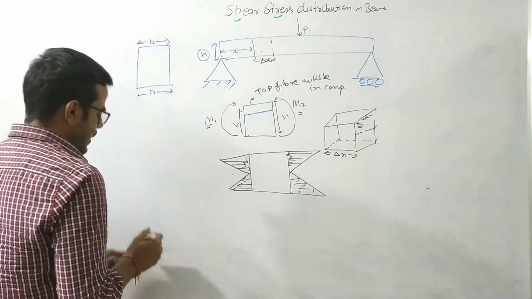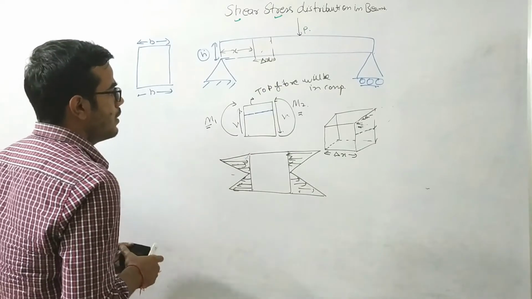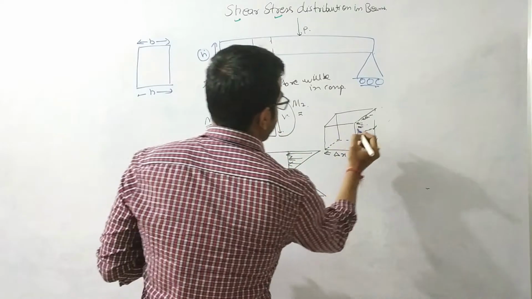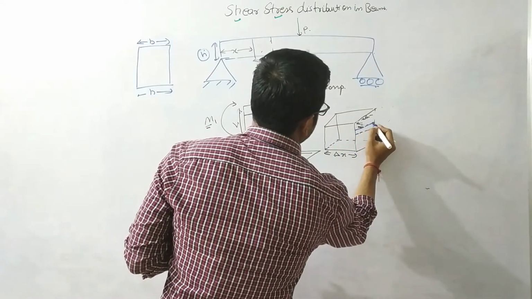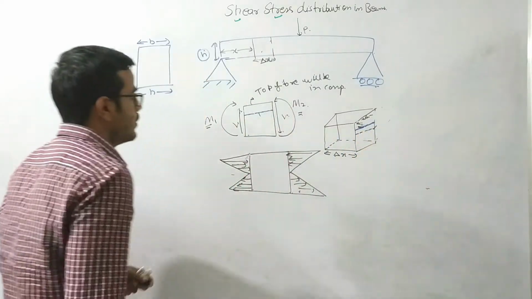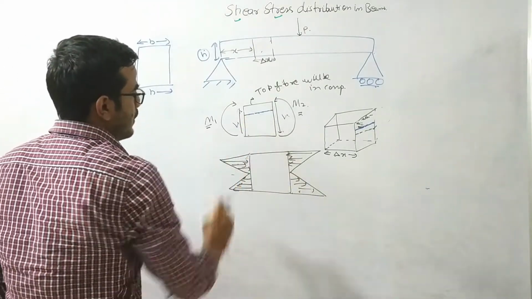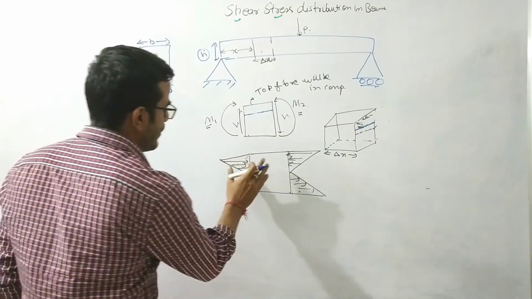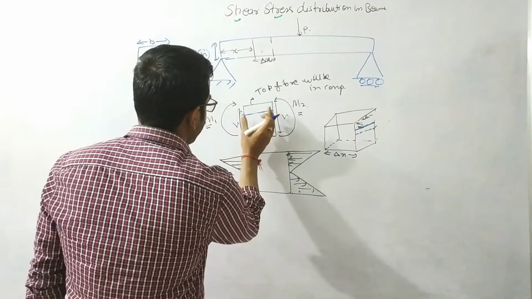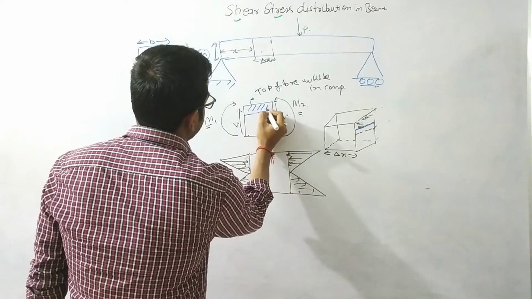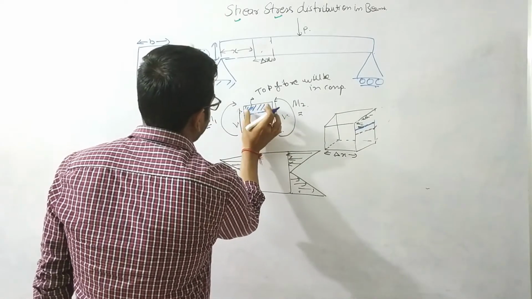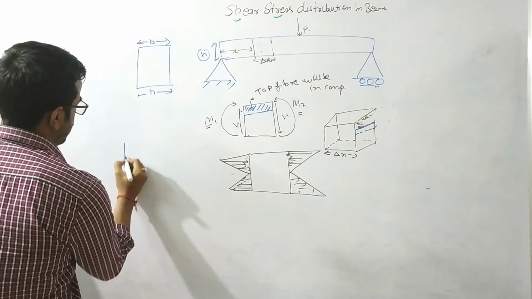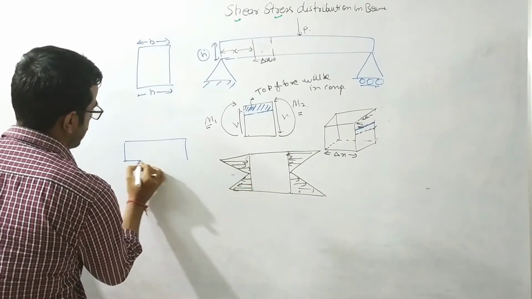This is my similar plane in the cross section. If I look at the equilibrium, if I cut this element out, it will look like this.